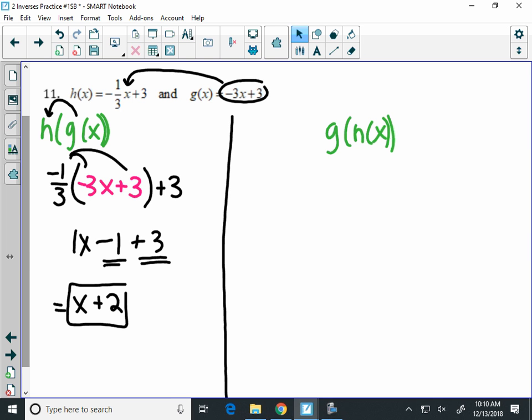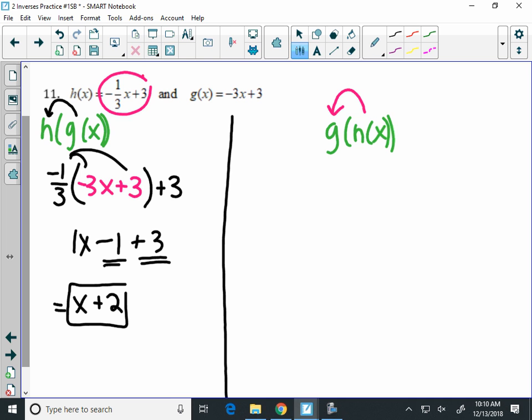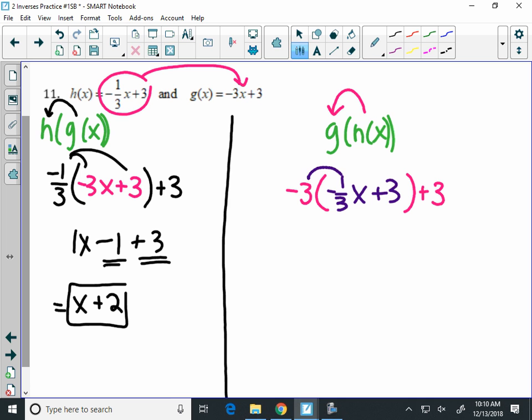This time, you start by taking the function of h and putting it into g. So it's the other way around this time. So let's write g first. Negative 3, there's our x, plus 3. And our input here should be negative 1/3 x plus 3. So we distribute to start.